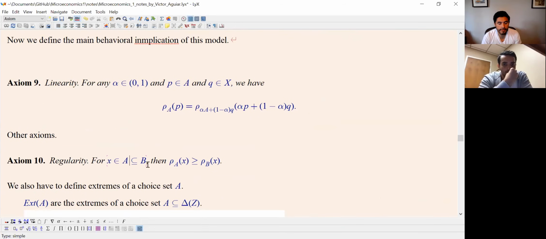If we have two menus, and one choice set is bigger than the other, with more alternatives, then the probability of an item x on the smaller menu A has to be greater than or equal to the probability of the same item in the bigger menu. So in the smaller menu, the probability of the same item is higher.